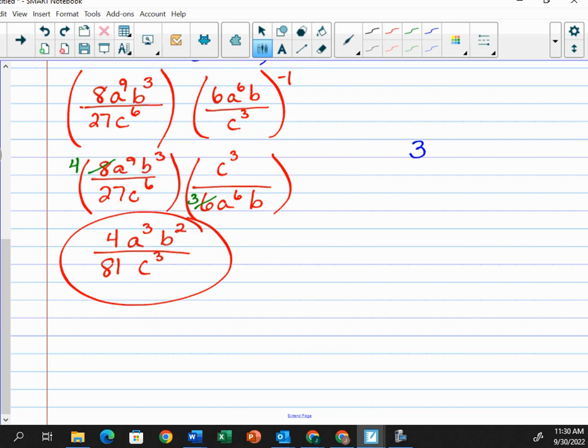So if I have 3 times 2 over 4 times 15. Hold on. 8 and 3 don't reduce.